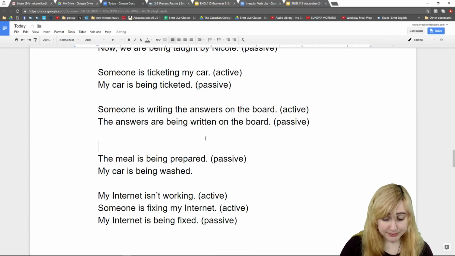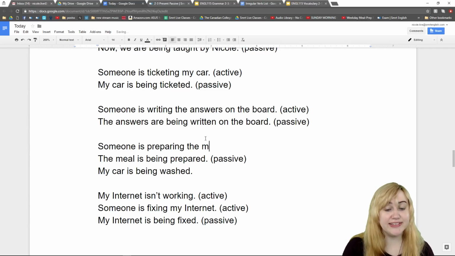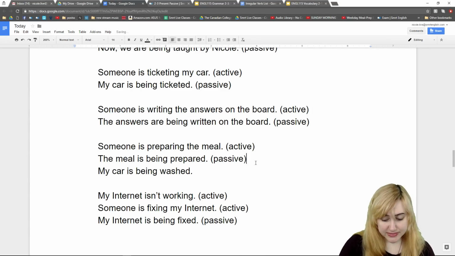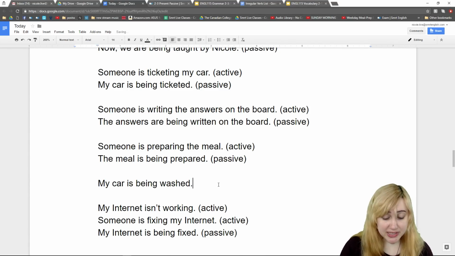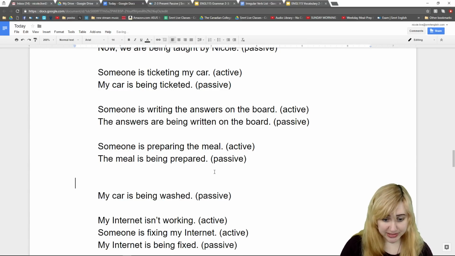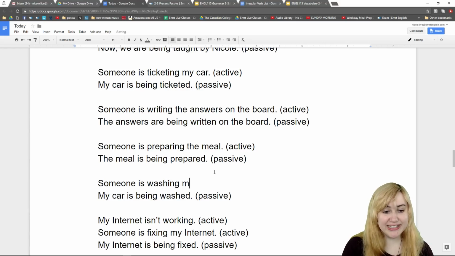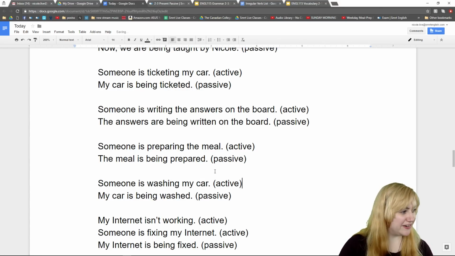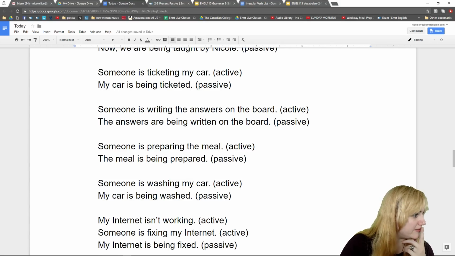The active form would be someone is preparing the meal. And for my car is being washed, again, that's passive. The active form would be someone is washing my car. There we go. All right, lots of good ones.